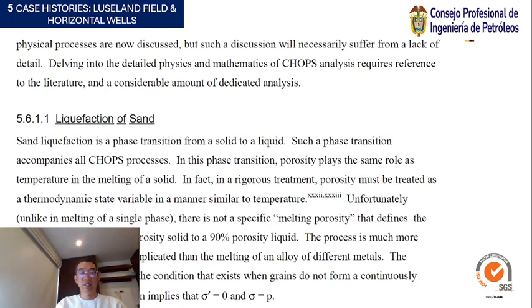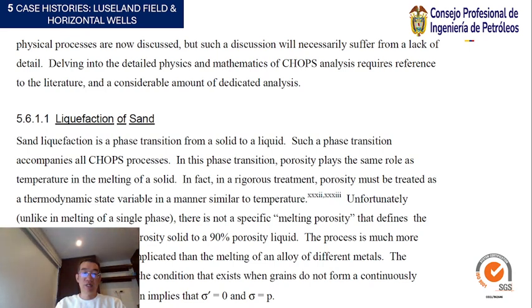Unfortunately, unlike in melting of a single phase, there is no specific melting porosity that forces the sudden jump from a 30% porosity solid to a 90% porosity liquid. The process is much more complicated, even more complicated than the melting of an alloy of different metals.